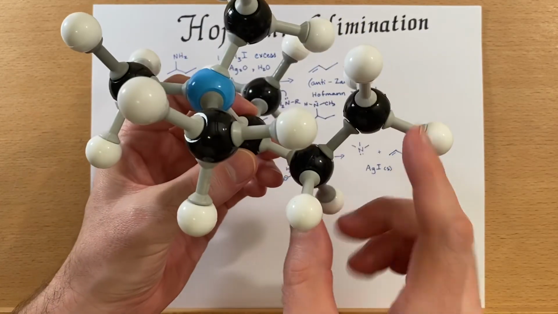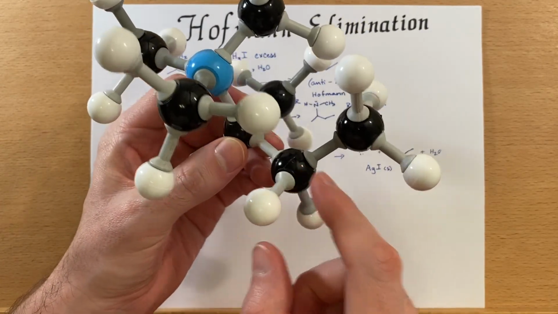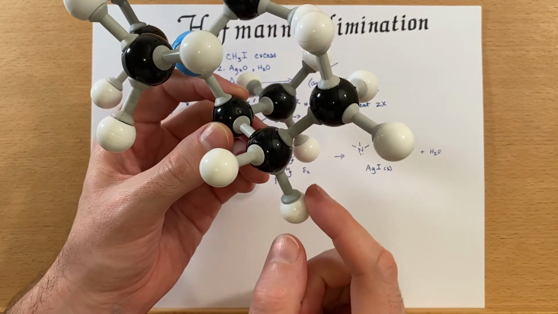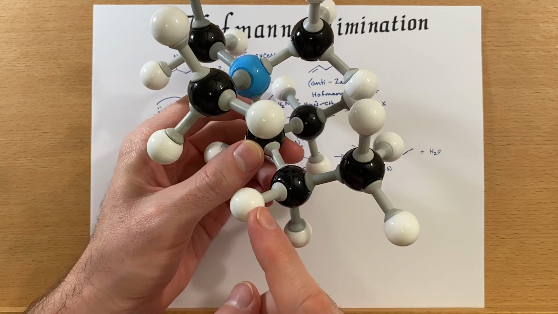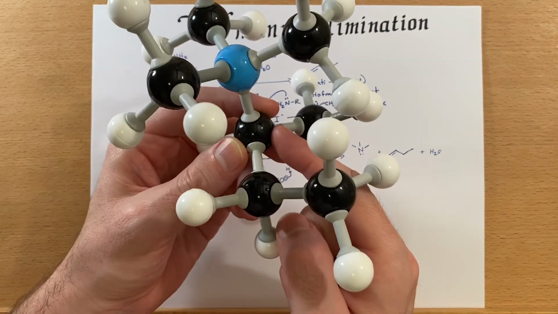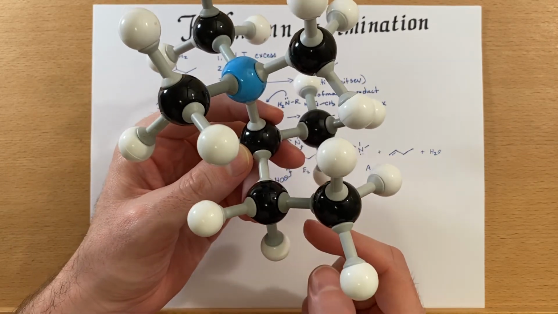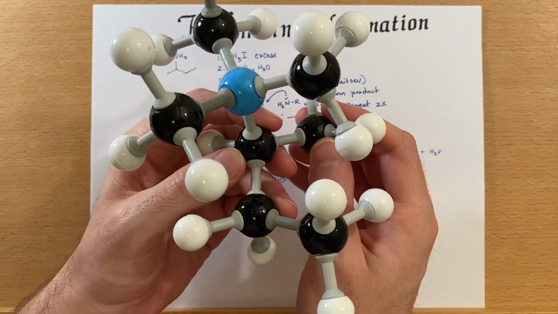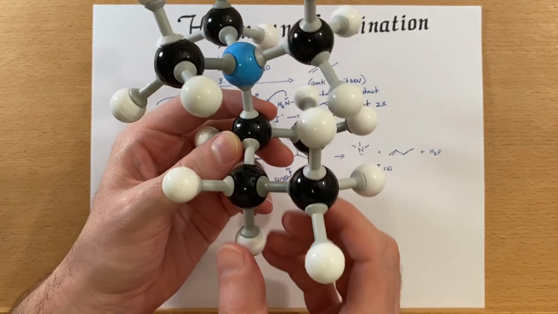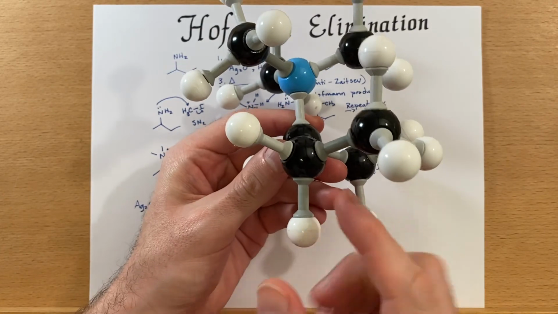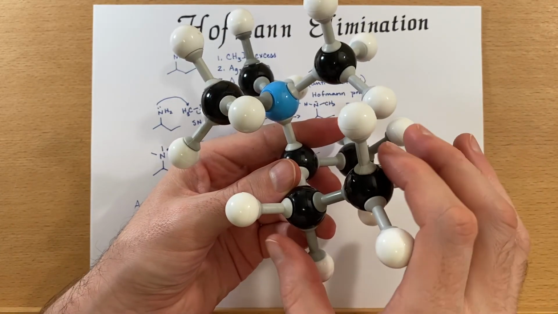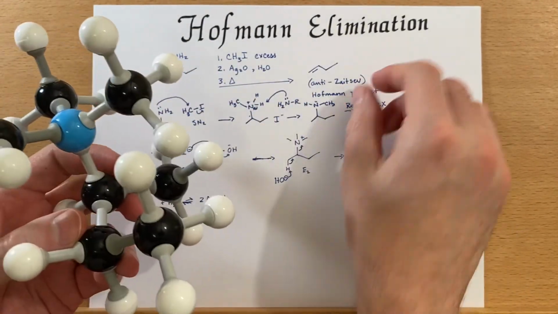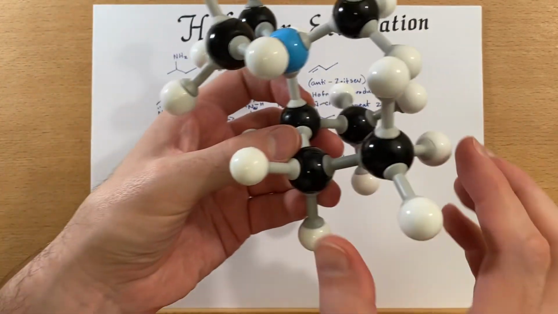So, in this case, I've got the longer chain here, and either this proton or that proton would need to be taken in order to form the double bond internal and make the Zaitsev product. So let's see why that's not very favored. So when we line this up in the anti-position, you'll notice that there's this group right here. That's this carbon at the end.